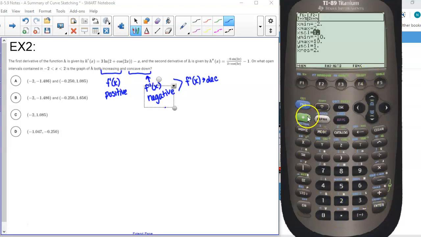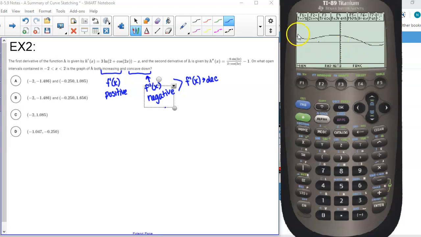And then I'm going to graph. And so I'm looking for where this first derivative is positive but decreasing. So the first derivative is positive all the way up to this point right here, which just looking at this, I'm going to guess is probably 1.6, but I could actually find it, I guess. But I need to be positive, but also decreasing.